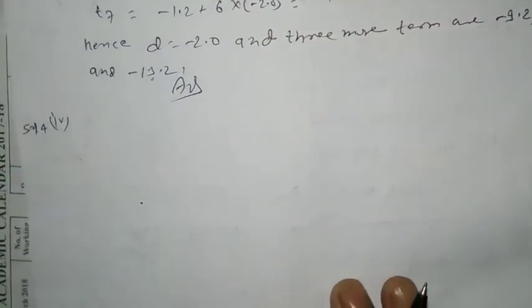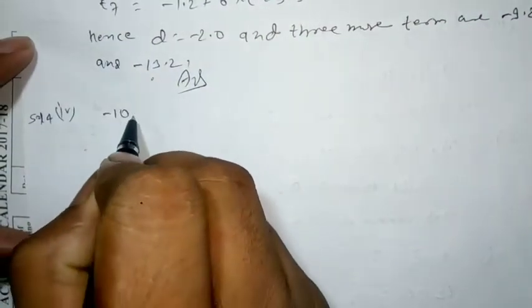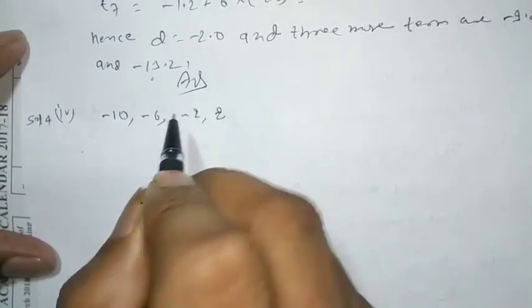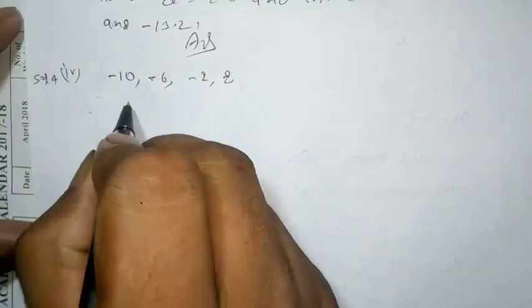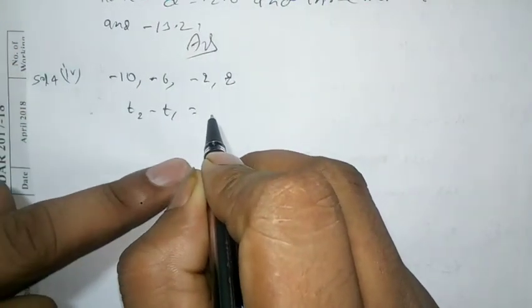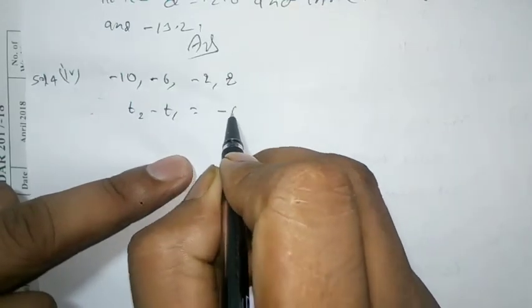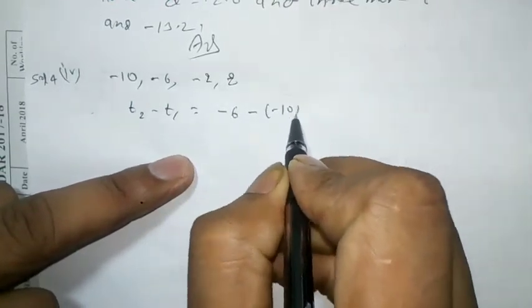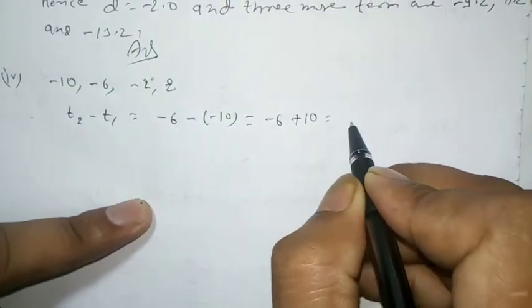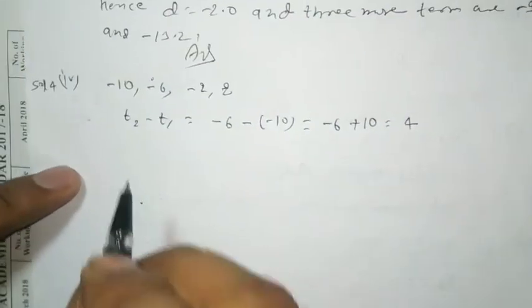Now -10, -6, -2 and 2. Now T2 minus T1 is equal to second term minus first term, which is -6 minus -10, equal to -6 plus 10, equal to 4.